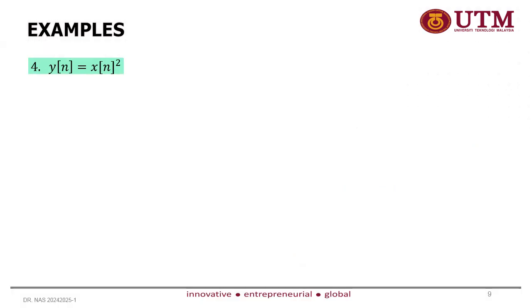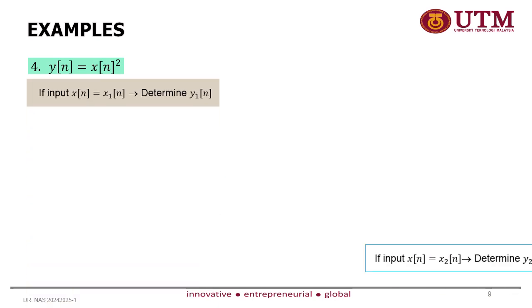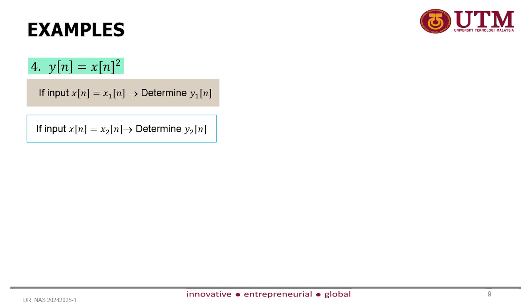Okay, another example, again in discrete time signal. The first step, y1[n] equals, in this case, x1[n] squared. Please don't forget this is x[n] squared.